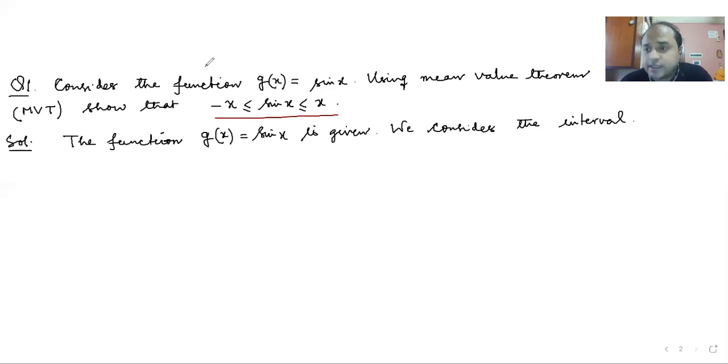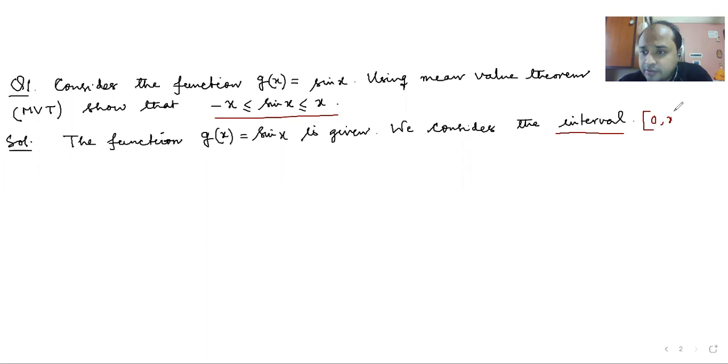Since no interval is mentioned in the problem, you have to design your own interval, and I think that is the hardest part of the problem. If you can design the interval properly, then you will get this inequality. But if you cannot, then the inequality will not come. By practicing a few problems, you will understand easily how to design that interval.